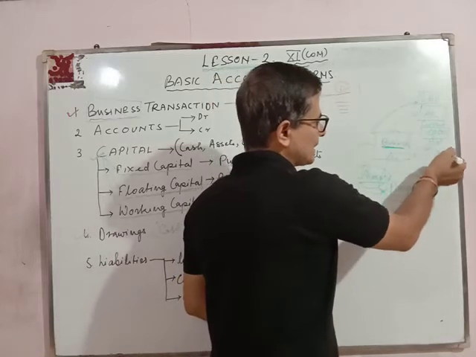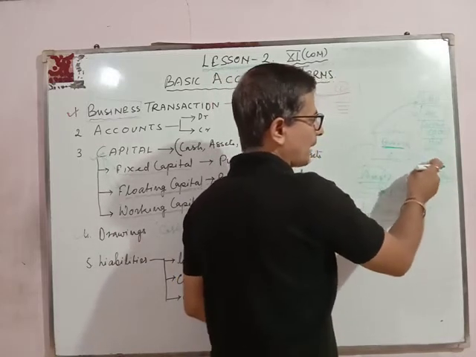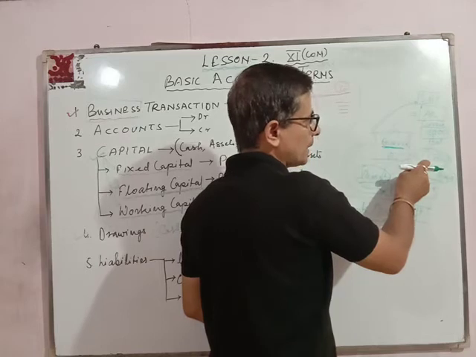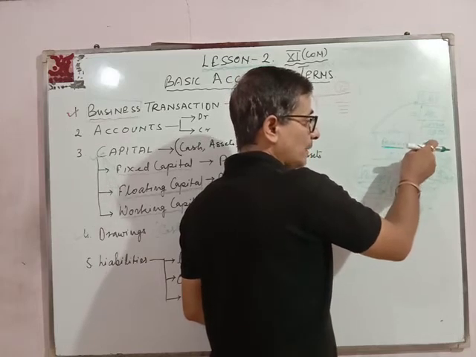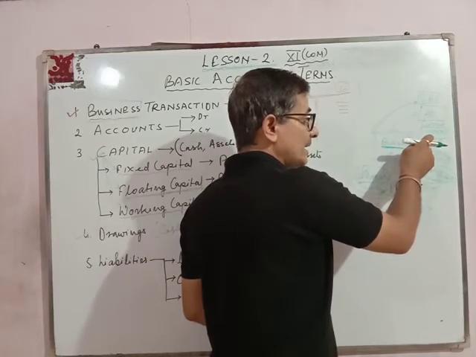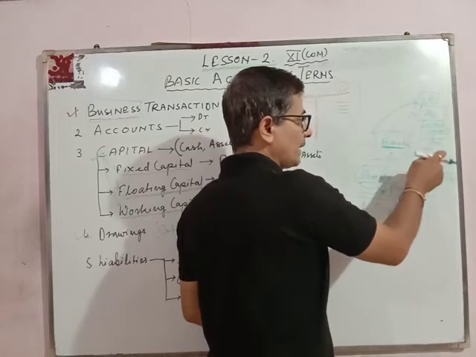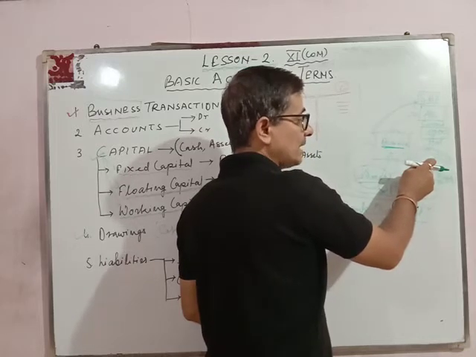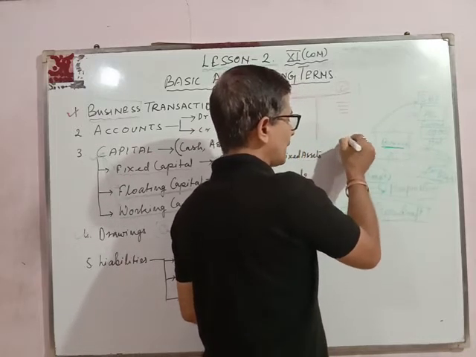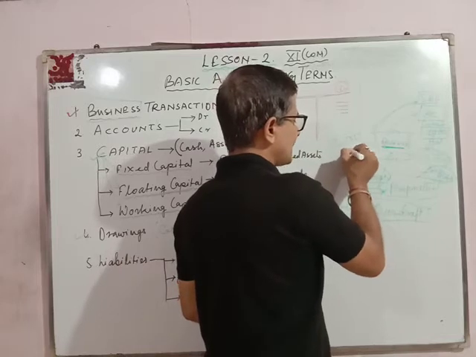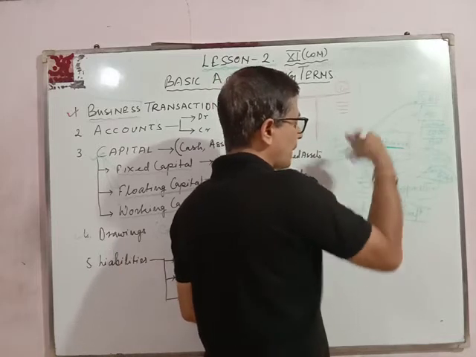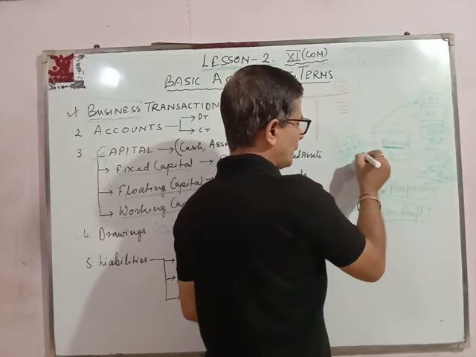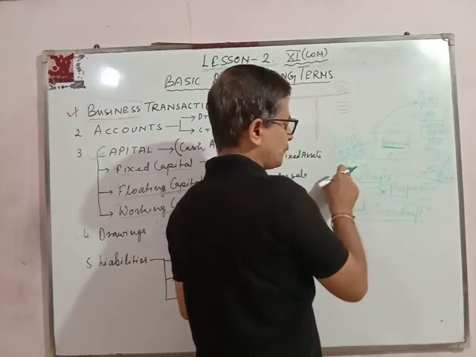So this facility is known as overdraft. Why is it overdraft? Because you have 10,000 in your account and you paid 12,000. That means how much extra did the bank pay from their side? That is 2,000 extra they paid from their side.